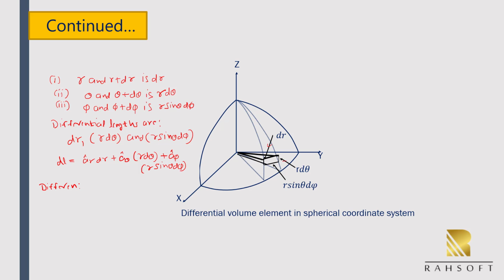Differential surface ds is equal to plus minus r square sin theta d theta d phi unit vector a r, plus minus r sin theta dr d phi unit vector a theta, plus minus r dr d theta unit vector a phi.